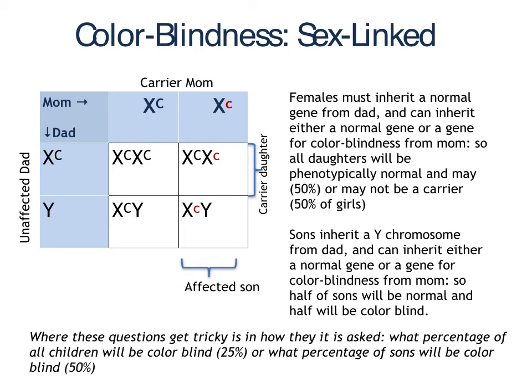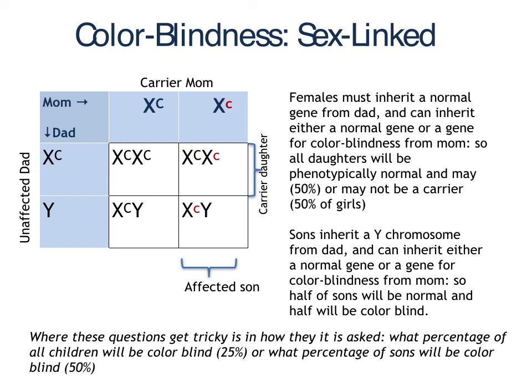And this is where you can remind yourself of how this turns out. We have one affected son possibility, we have a carrier daughter possibility, and then we have a completely normal son or daughter as a possibility. Now, one way in which these questions can be tricky is in paying attention to how the question is asked.